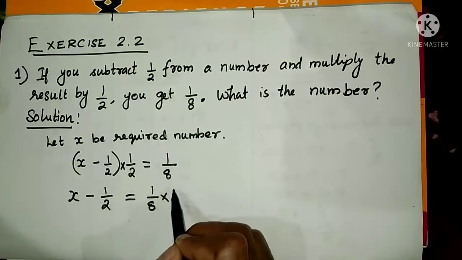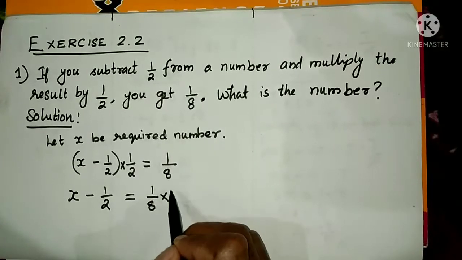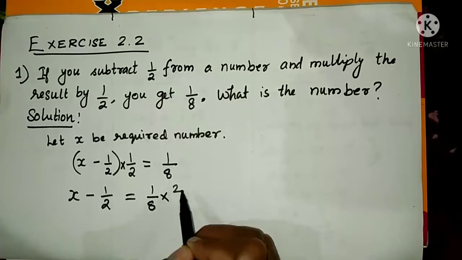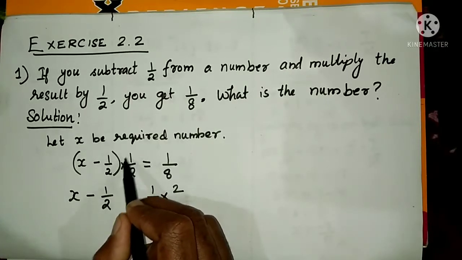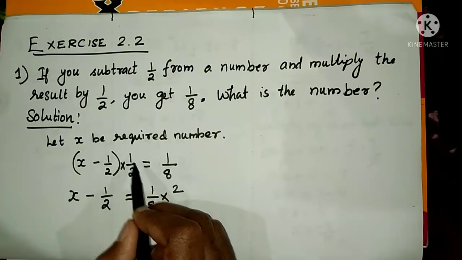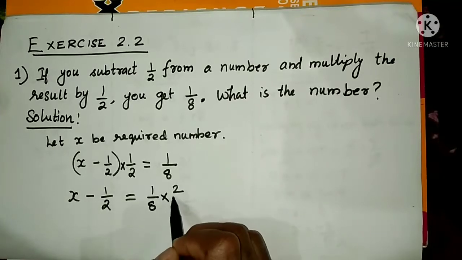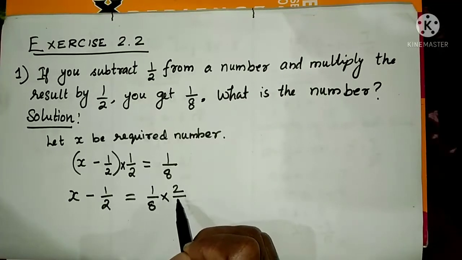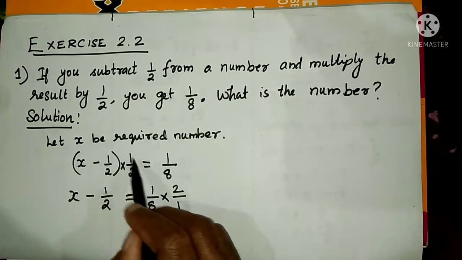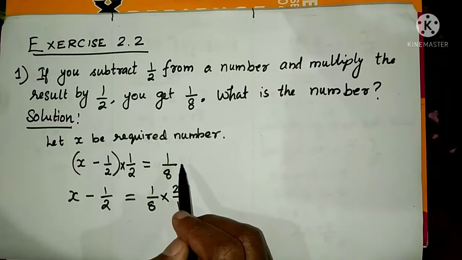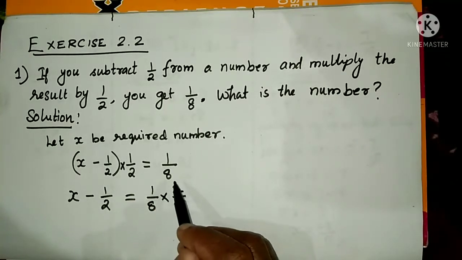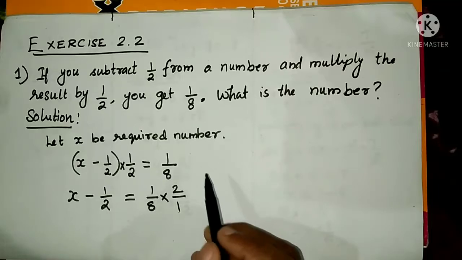So 2, divided by 2, when it goes that side, is multiplied by 2, and here 1 is multiplied, when it comes this side, it becomes division by 1. So a fraction, when it's transposed to the right side, goes as a reciprocal.